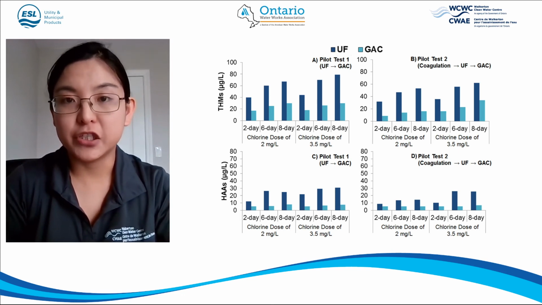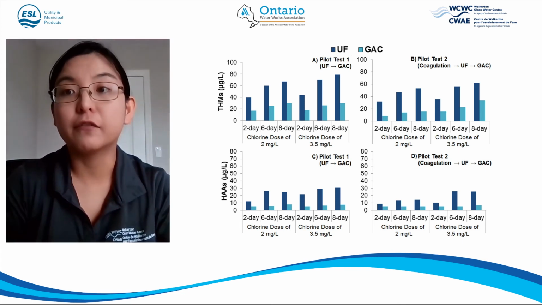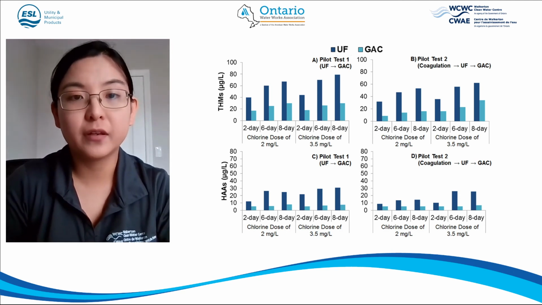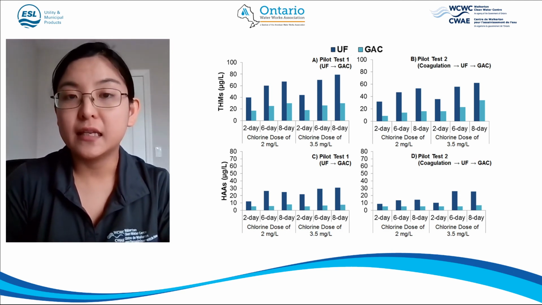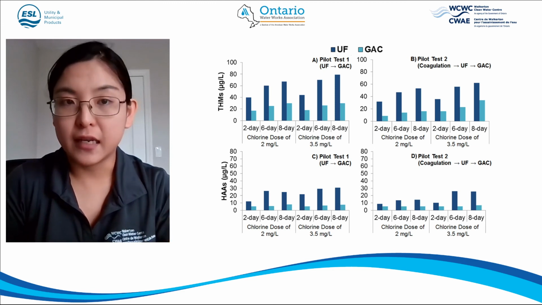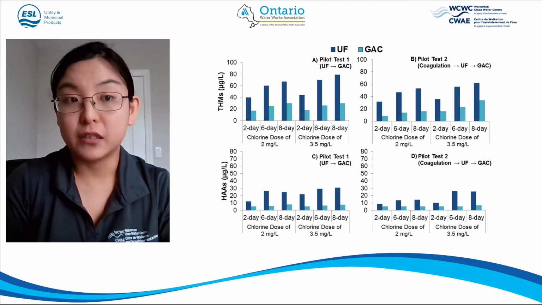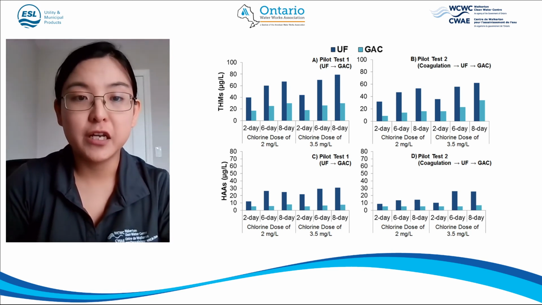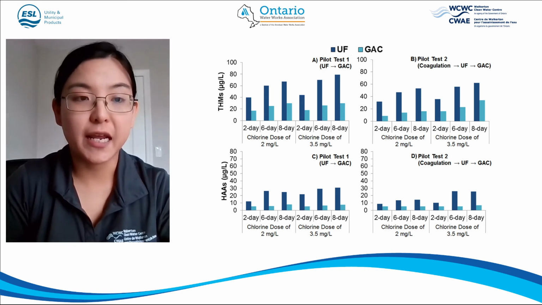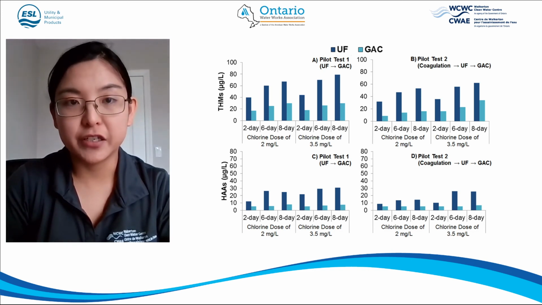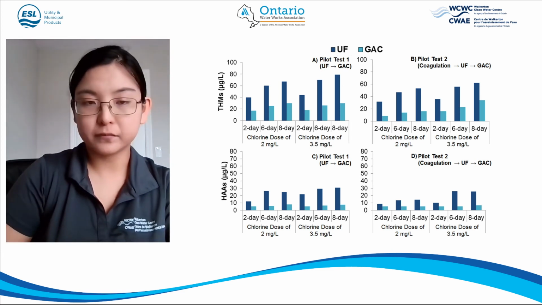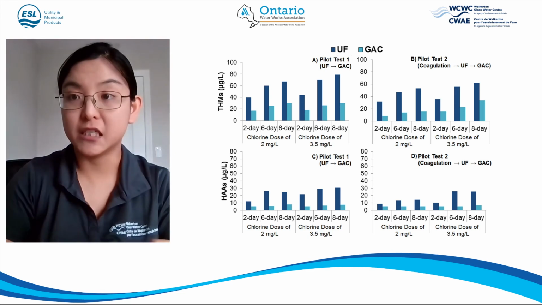That makes sense because GAC reduced most of the DOC from the water. Also, comparing figures A and B, the inline coagulation slightly improved the THM removal for the whole train, and it's a similar case for HAAs. All of the THMs and HAAs are below the MAC values, and the HAAs are further removed by GAC.